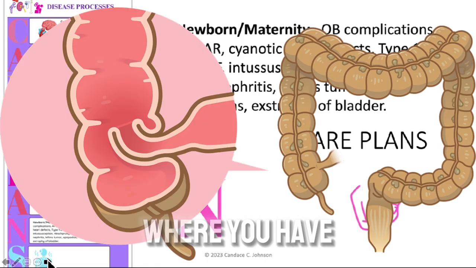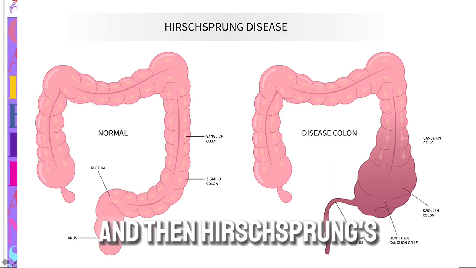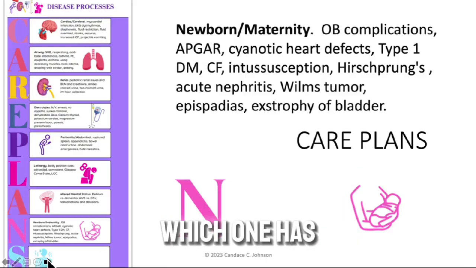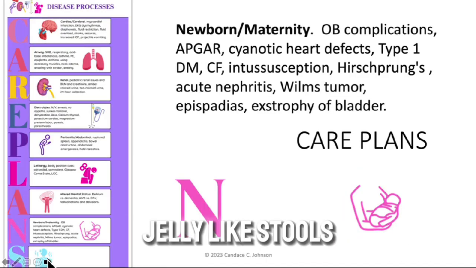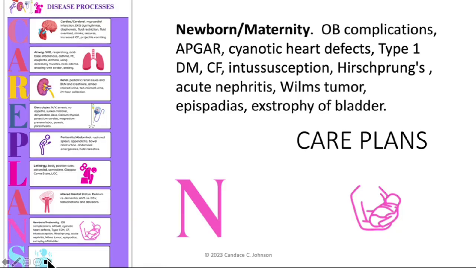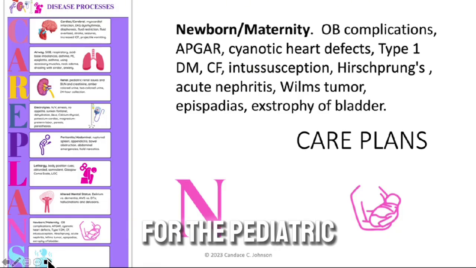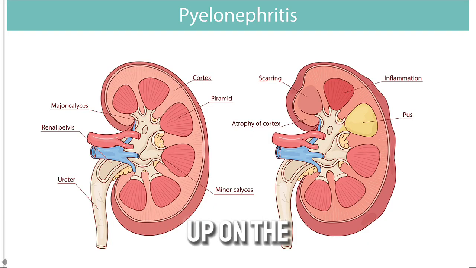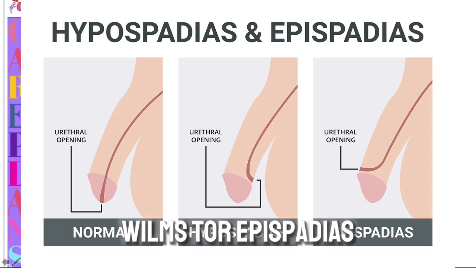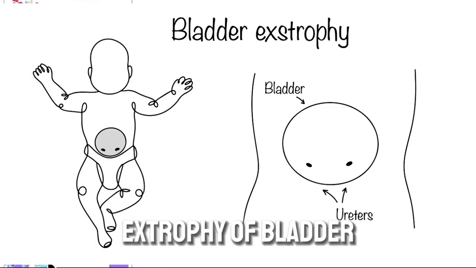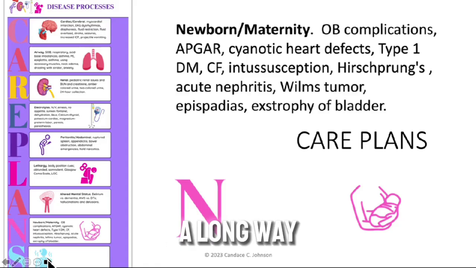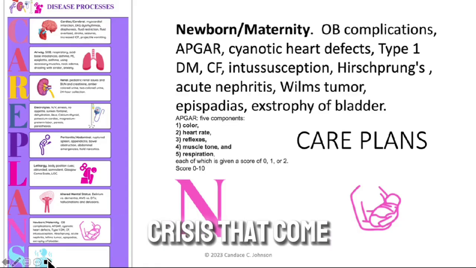Intussusception, where you have the telescoping bowel, and then Hirschsprung's, where you have the blockage in the colon. Do you know which one has the red currant jelly-like stools versus the one that has the ribbon-like stools? That's the kind of stuff you want to know for the pediatric topics that come up on the NCLEX. Acute nephritis, Wilms tumor, epispadias, exstrophy of bladder. Knowing what those terms mean will take you a long way on understanding the crises that come up.